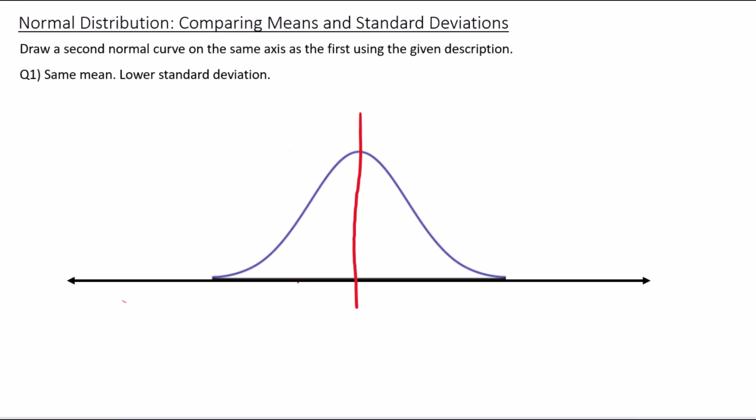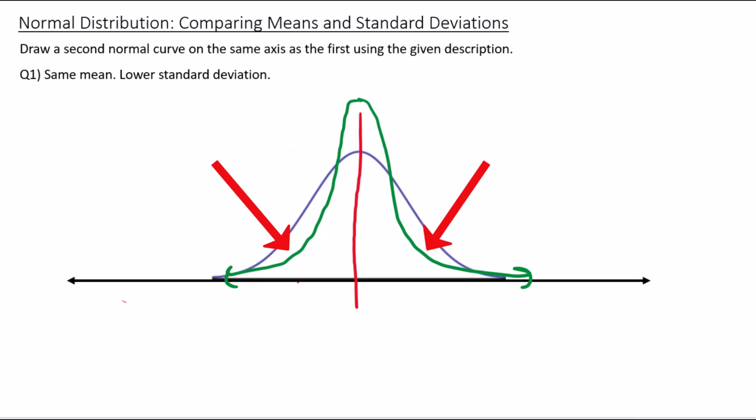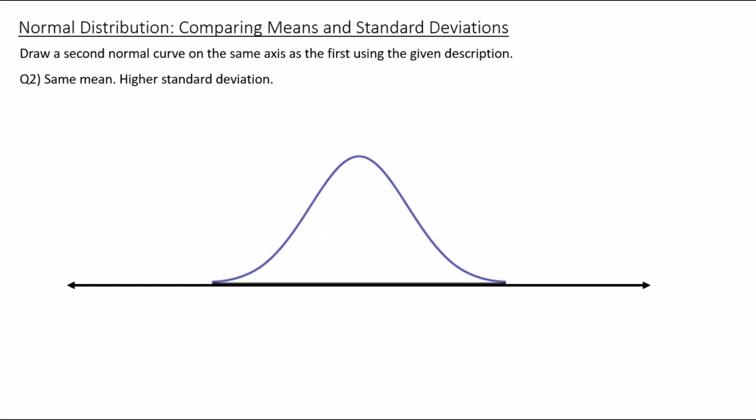That means it's going to push the peak higher. So when I start drawing my peak, it's got to go up much higher. And then the curve is going to be pulled closer together. So that spread, like here and here, isn't going to be as far out as the original blue normal curve. So that would be the same mean and a lower standard deviation.